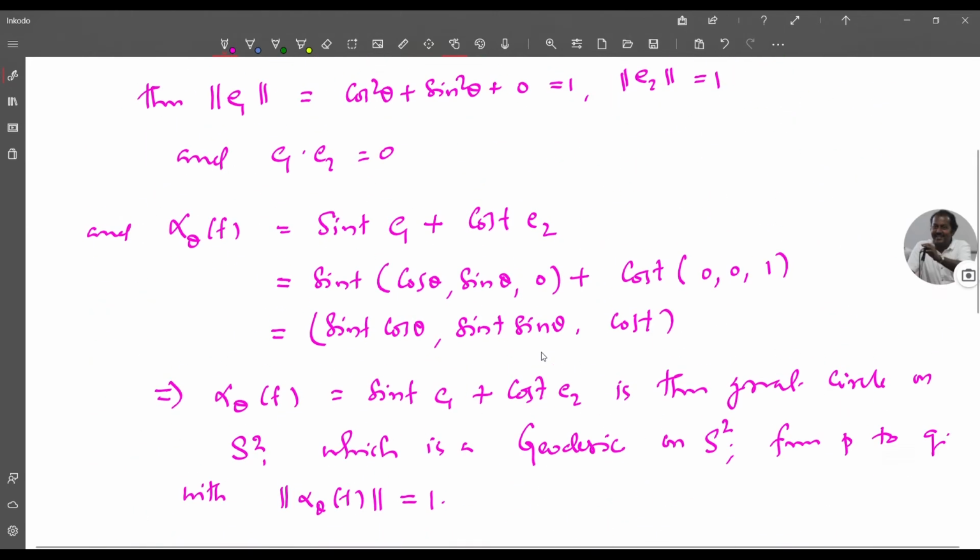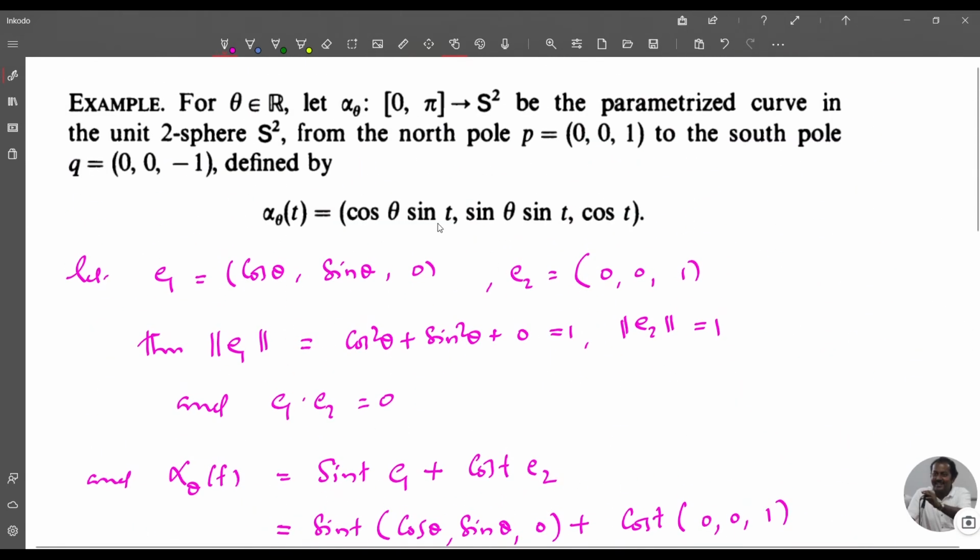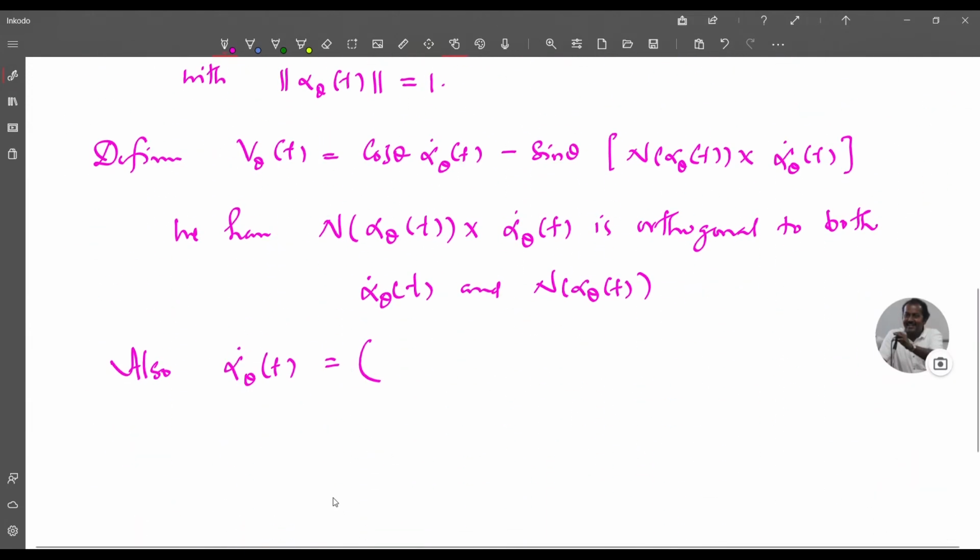You know alpha theta of t is cos theta sin t, sin theta sin t, cos t. So its derivative is cos theta cos t, sin theta cos t, minus sin t. So alpha theta dot of t is cos theta cos t, sin theta cos t, minus sin t.